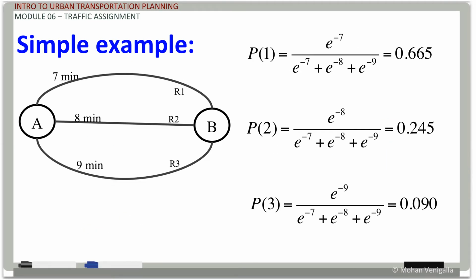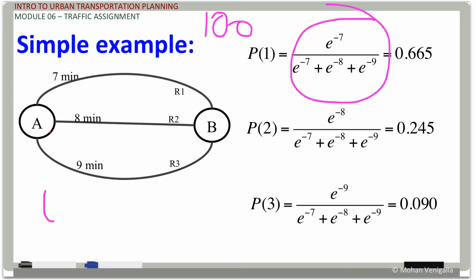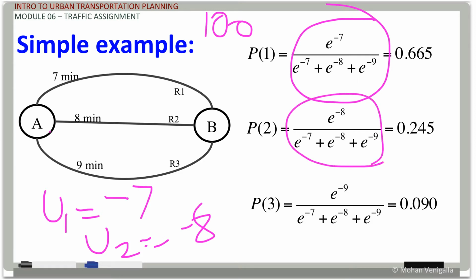By the way, in the earlier slide, it says there are 100 trips between A and B. That's what you need to assign. You're all too familiar with this. The utility of path 1 is -7, as indicated in the previous slide. The utility of path 2 is -8. You go through this and you have a probability of 66.5%.